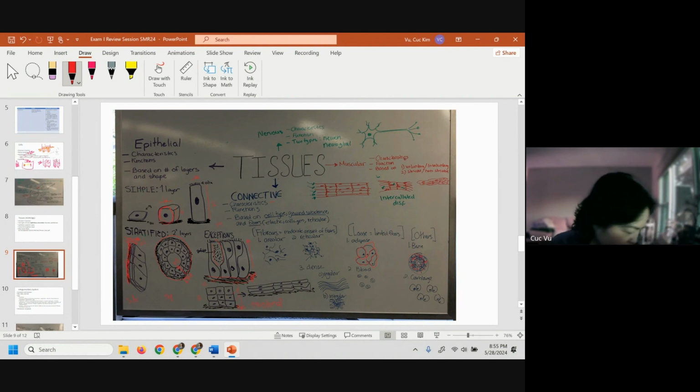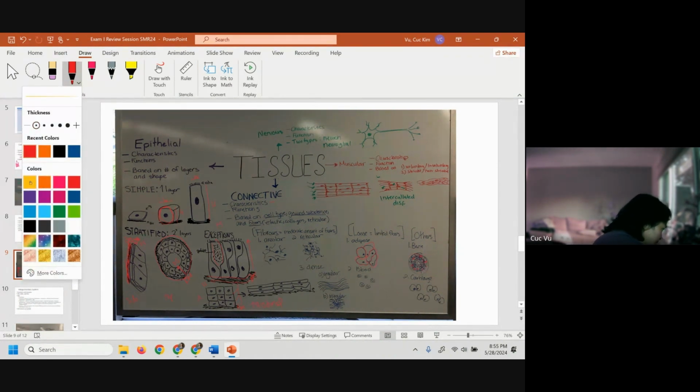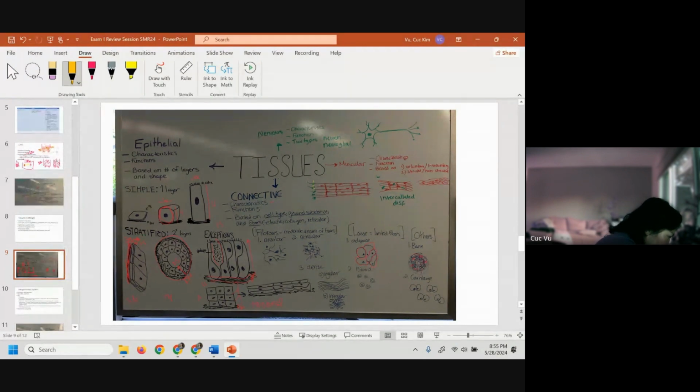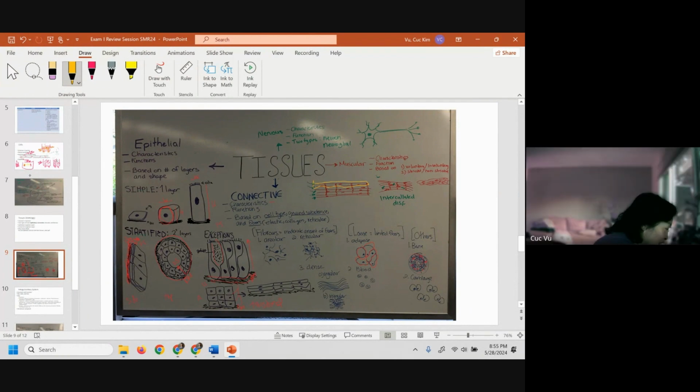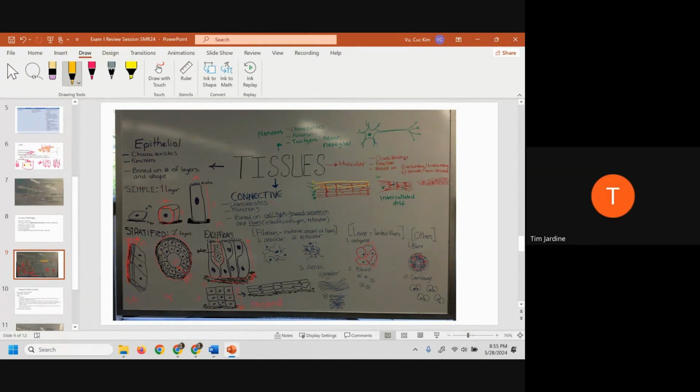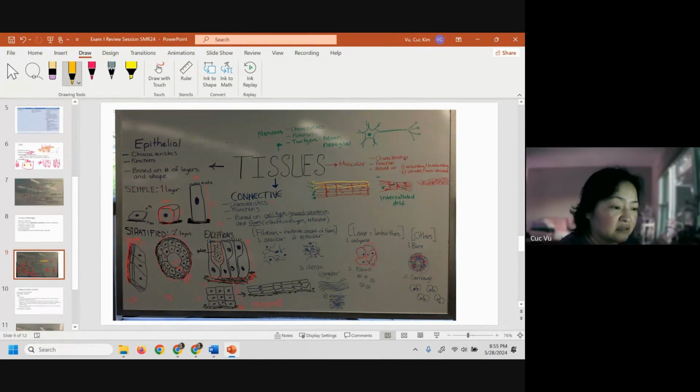So let me show you here. See, my pen works now. So I'm going to highlight, because I drew my cell in red, I'm going to use yellow. Okay, so this is one muscle. Does that mean it's multinucleated? Yes, that's the term I'm looking for. Thank you. So that's one cell right there. Skeletal muscle cells are very long.